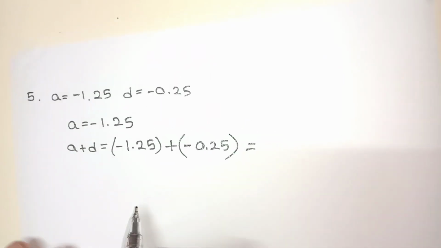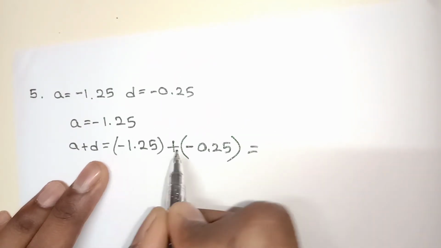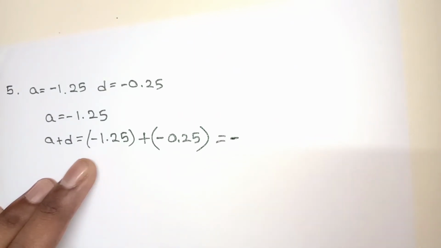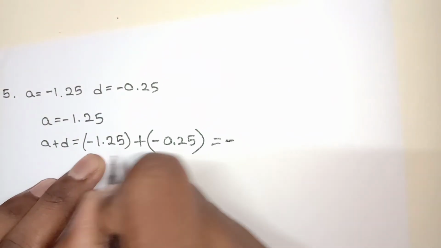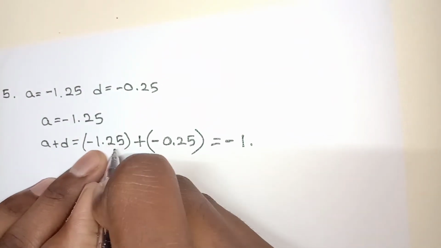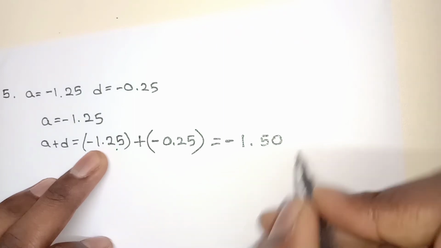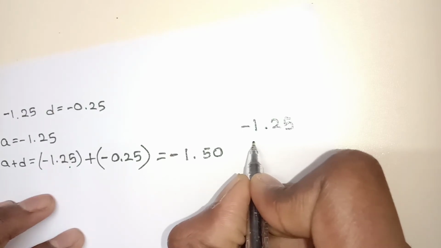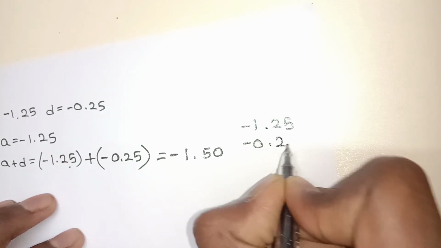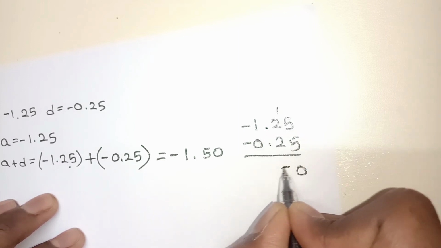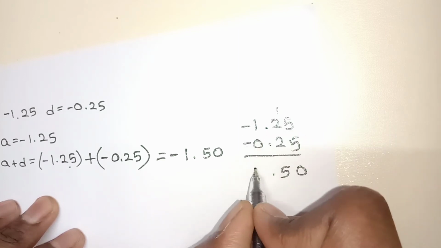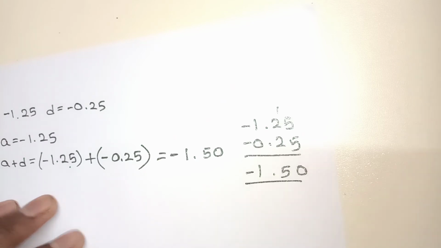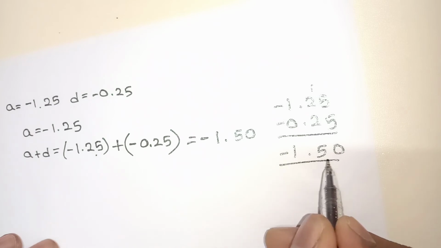Okay, here look at it. It has a minus symbol, and it also has a minus symbol. So I'm going to be putting the same sign, and I'm going to be adding it. It just simply means it's going to be 0.25 plus 1.25, it gives 1.50, so the answer is minus 1.50.